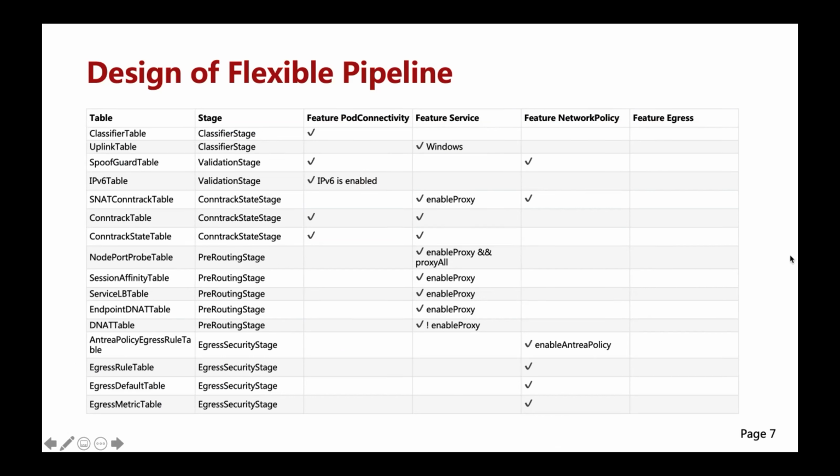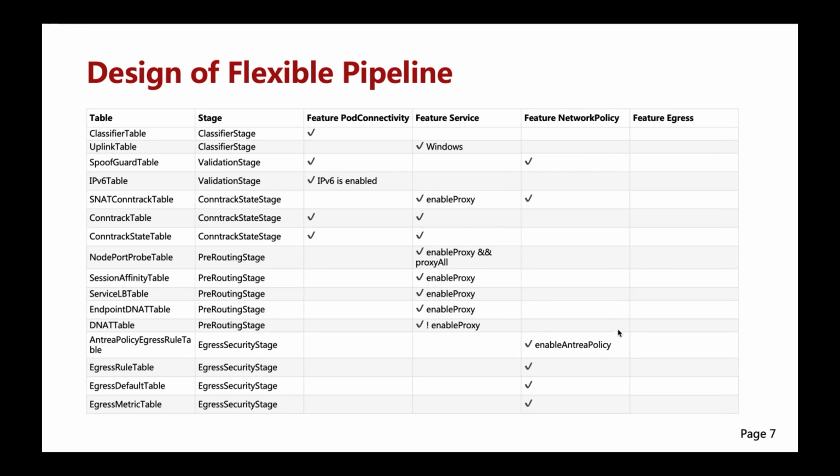For example, for this entry policy egress rule table, if we enable entry policy, then this table will be declared and initialized by feature network policy.